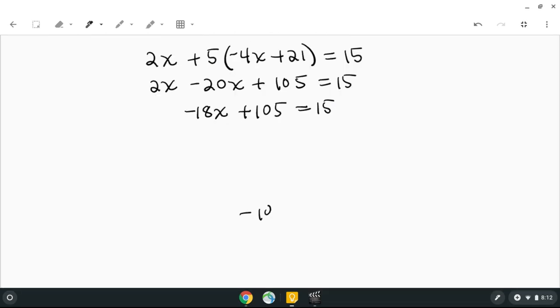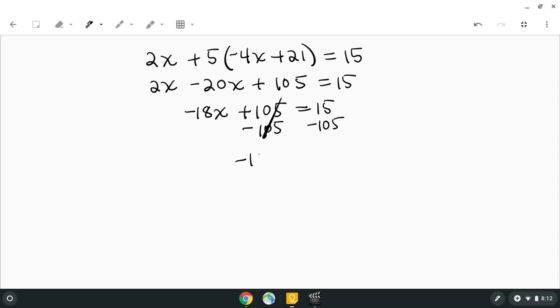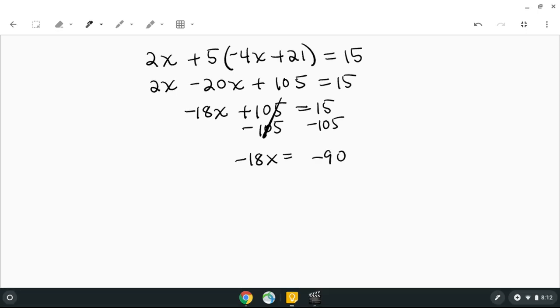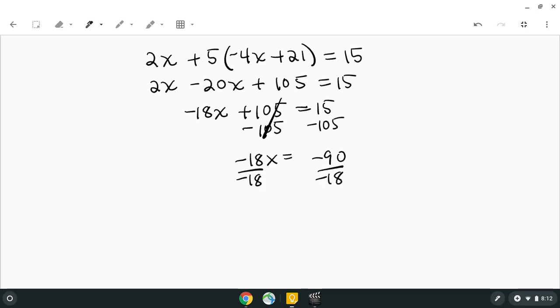Subtract 105. So -18x equals -90. Divide both sides by -18, and we get +5.